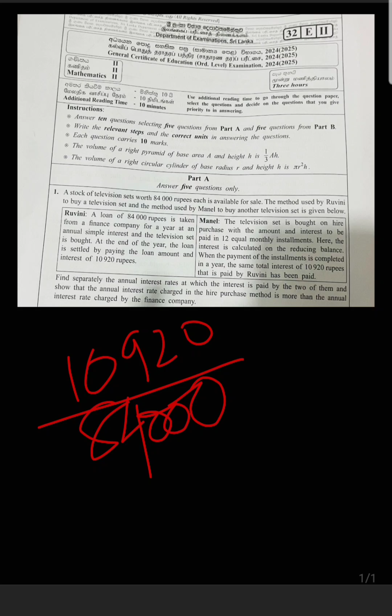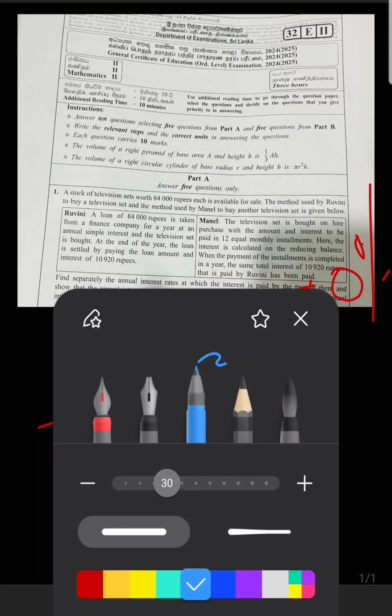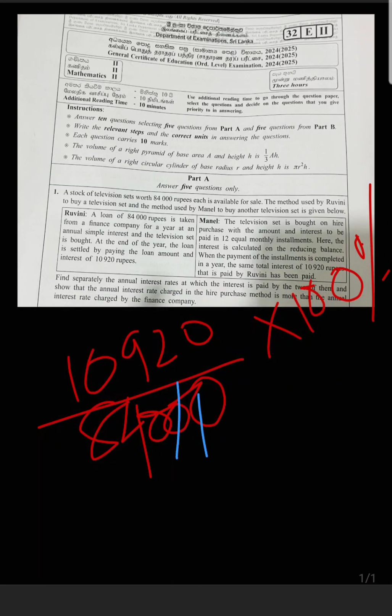So here if you want to calculate the percentage, just multiply this fraction with 100%, because it's an annual simple interest rate, so you can easily multiply with 100. So if you do this question directly, cut the zeros, 1092 divided by 84, so we'll get 30.